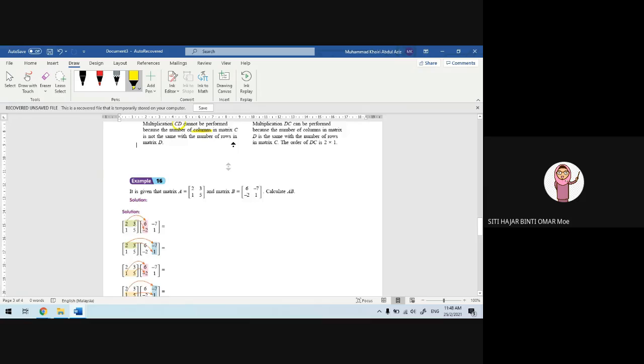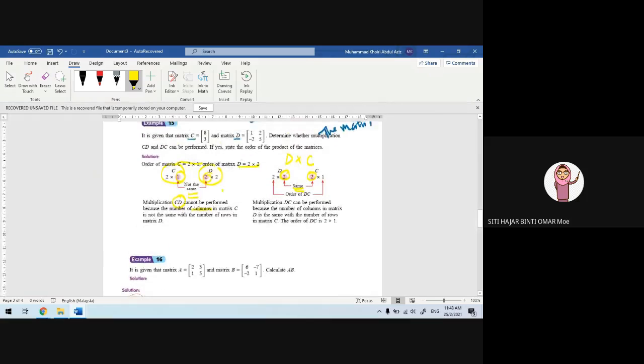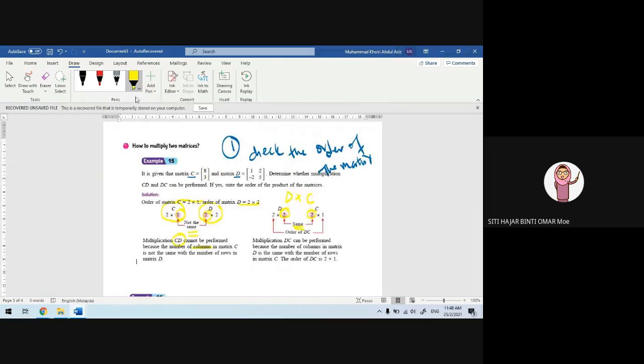Now we go on another note. When you multiply this matrix, so this one cannot be performed. This one can, because the number on the second order is the same. Okay, so when you multiply B and C, you will get the answer.